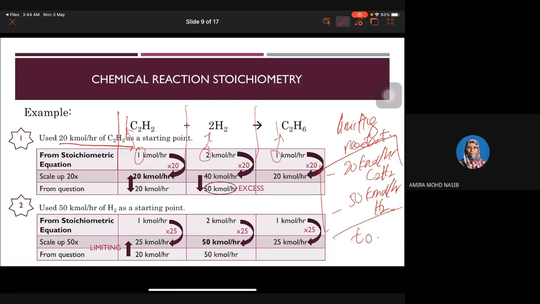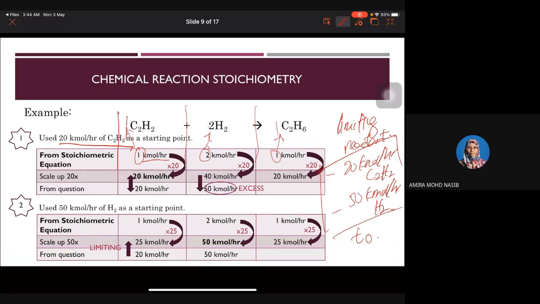How I got the value of 1 to 1 is based on your stoichiometric coefficient. Okay, and how I get this unit, because I directly take the unit that been used in the question.